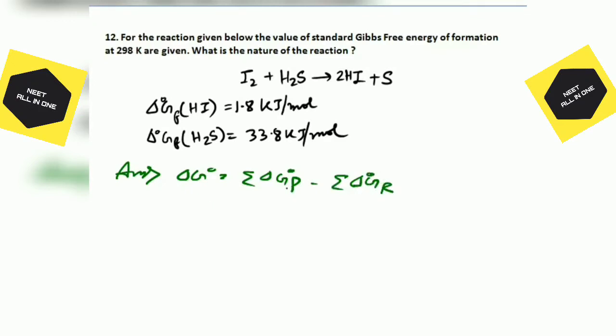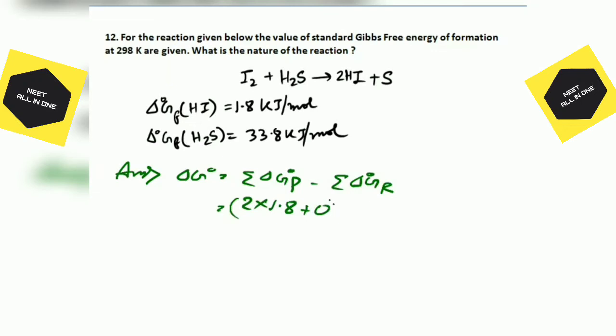Okay. So for here, we'll write the summation for HI first, that will be multiplied by 2 because it is 2 HI, right? So it will be 2 into 1.8, and for this it is given 0. So we'll write 0.